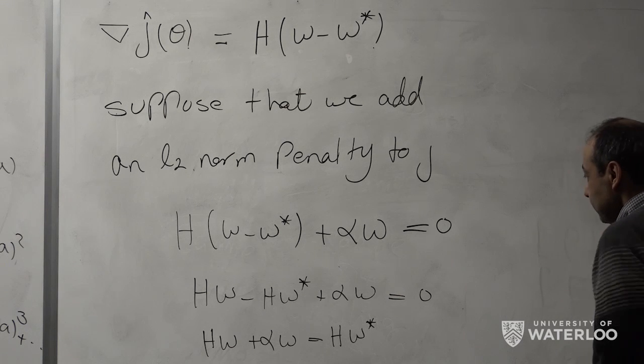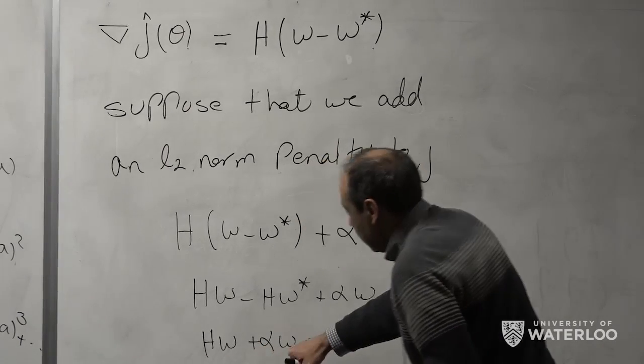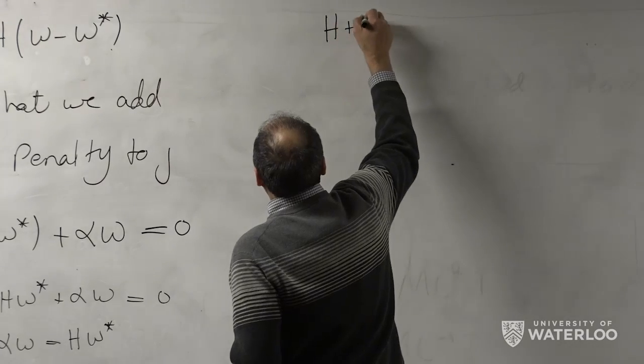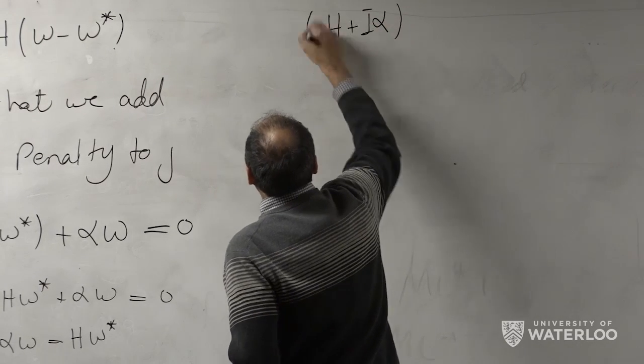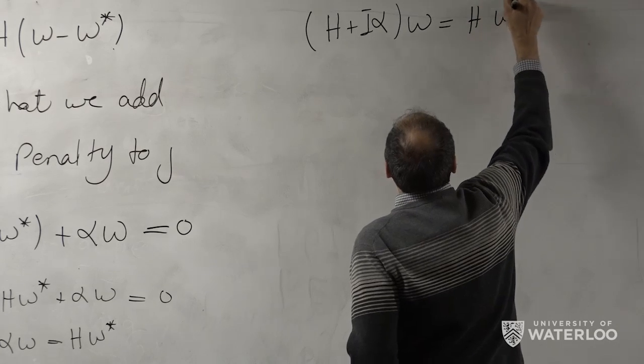Let me factor this w. It's going to be (H plus alpha I) w is equal to Hw star.